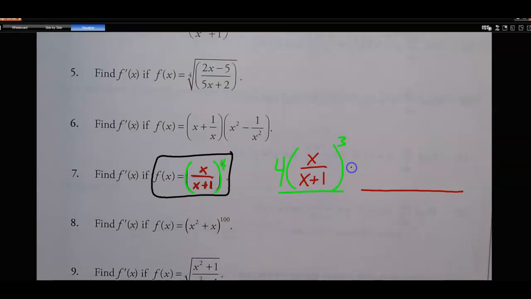Now for the derivative of the inside, we're going to do low d high minus high, oops, that's an x, high d low. Draw a line and square below.